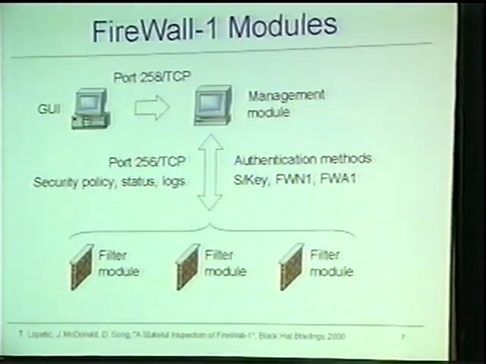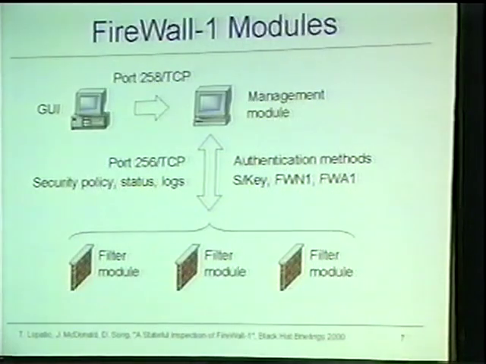Basically, there are three authentication forms. It's S-key, which is a variant of the S-key mechanism that we all know from logging onto machines. Then they have something proprietary, which is called FWN1, and something proprietary that is called FWA1. However, in the future, everything will be replaced by SSL, and this is a good idea.